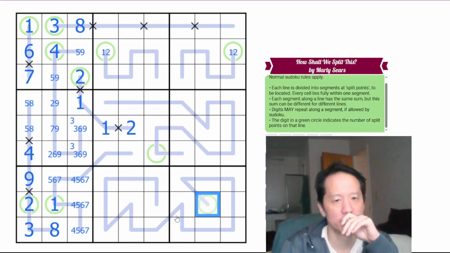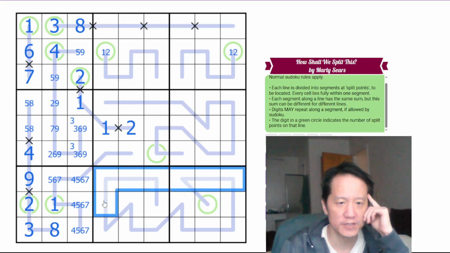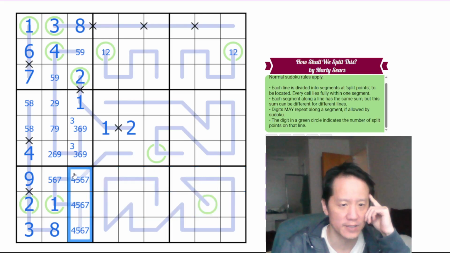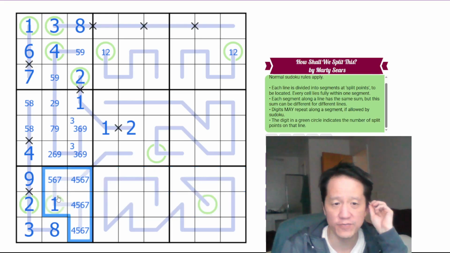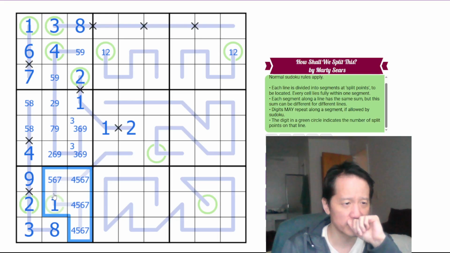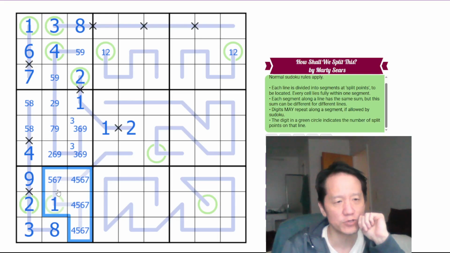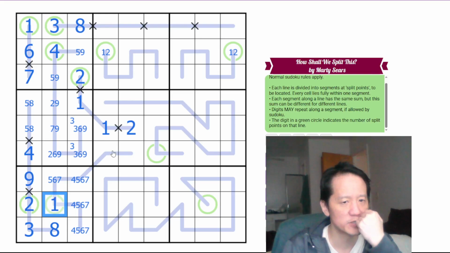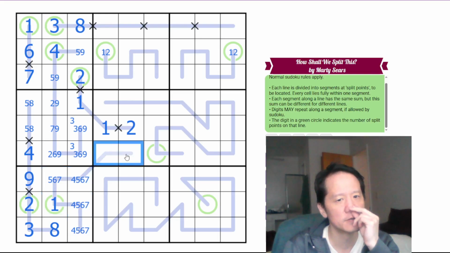So again, this has to add up. This adds up to 1 plus 4 plus 7 times 2. 4 plus 7 is 11 times 2 is 22 plus 1 is 23. It must be even. So this is an odd value, which means this must be odd.